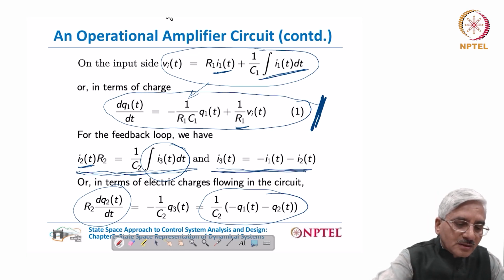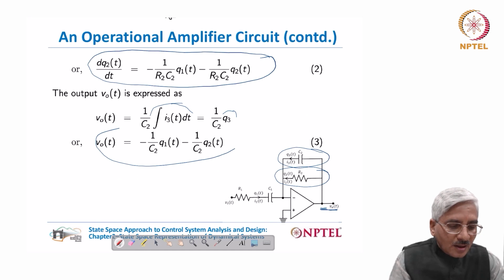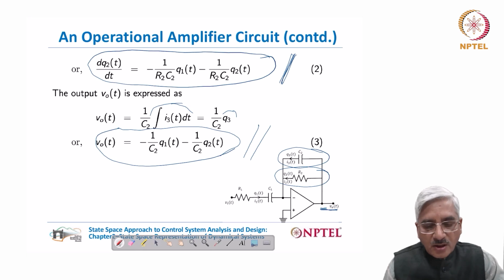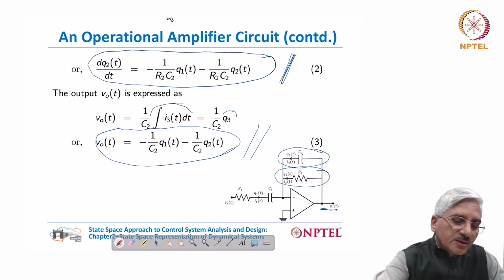The other equation is here, dQ2 by dt equal to minus 1 by R2 C2 Q1 minus 1 by R2 C2 Q2, and the output equation is here, Vo equal to minus 1 by C2 Q1 minus 1 by C2 Q2.